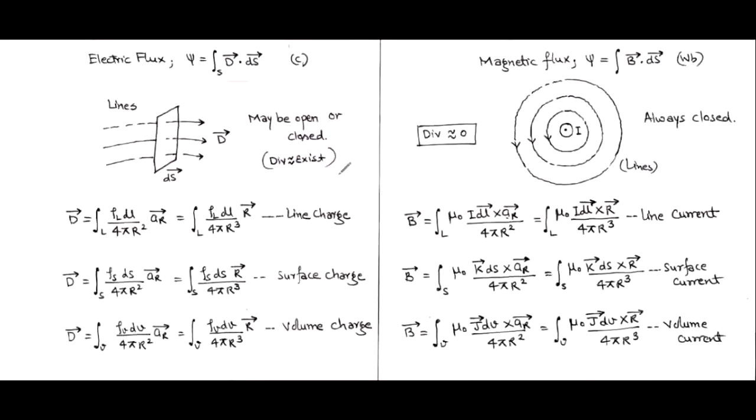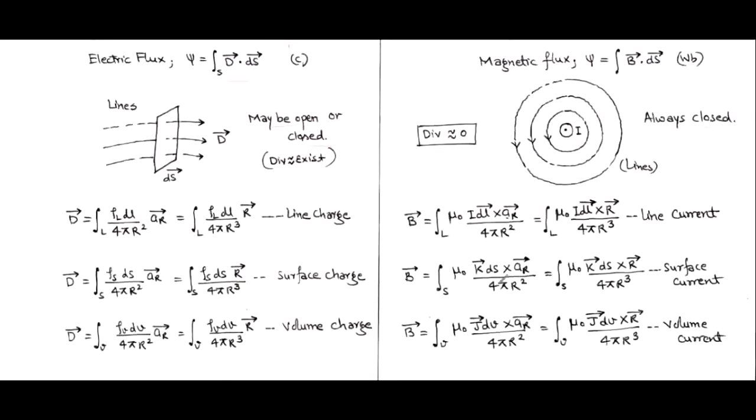But magnetic flux lines are always closed, so there is no divergence of B vector, that is magnetic flux density. This is the difference.